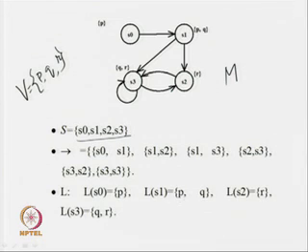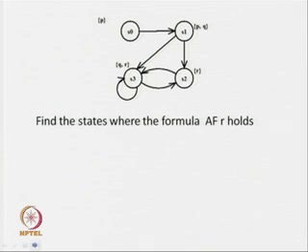Similarly, in state S1, the labeling function says P and Q, which means P and Q are true in S1. The labeling function of S2 says R, which means R is true in S2. The labeling function of S3 says Q and R, which means Q and R are true in S3, but P is false here. If it is false, we do not mark it directly, but indirectly it means P is false. So, we are concerned about this model and these three components. Now, we will see some examples with respect to this model.